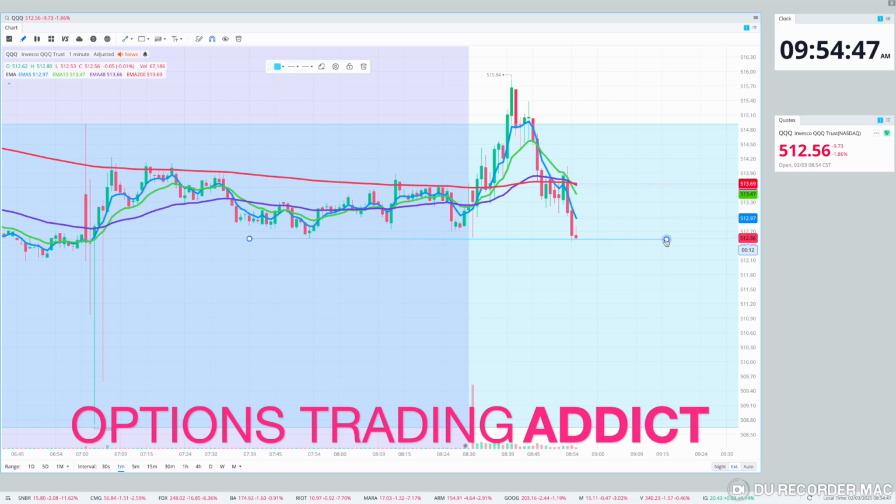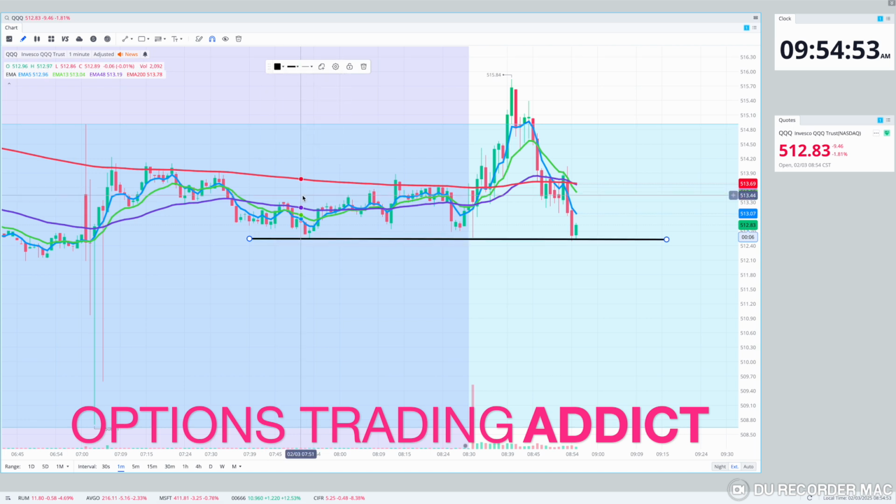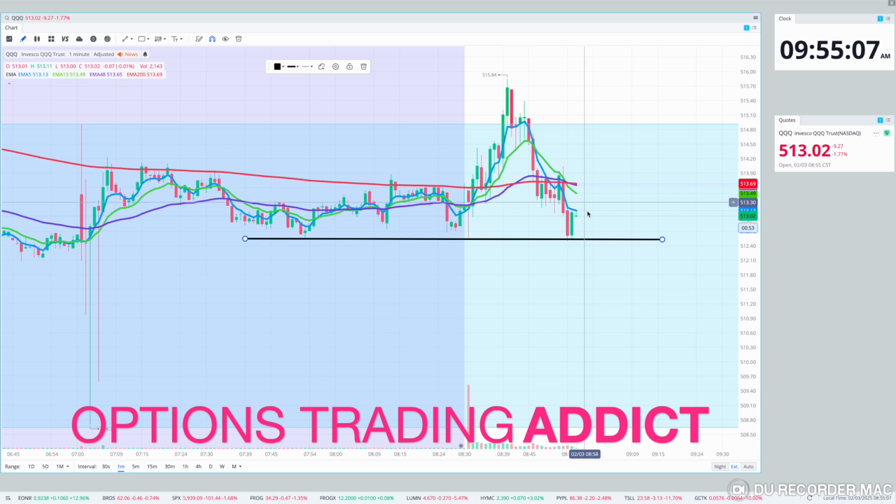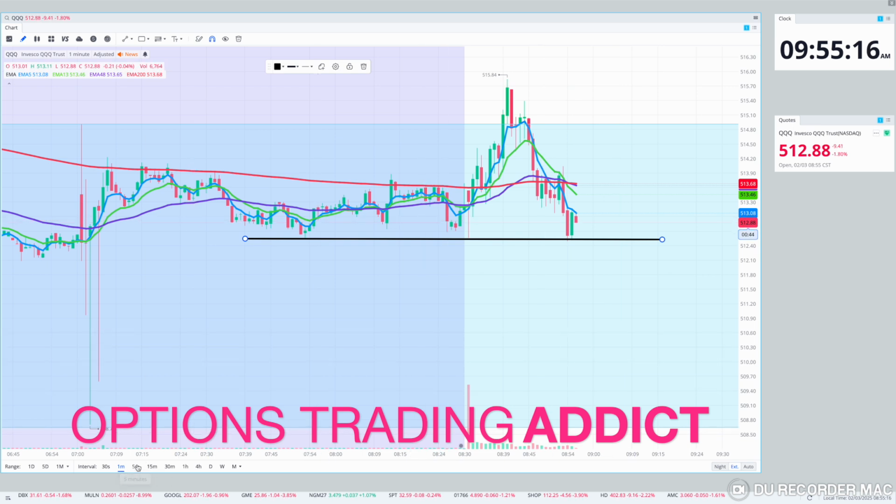So have to be careful at this point, because it previously bounced when it came to here, and then here, and then bounced back up. So what this may do is bounce back up and probably pull the 48 on down with it. If it can do that, then I think it can break on down to the downside. So let's see what happens.